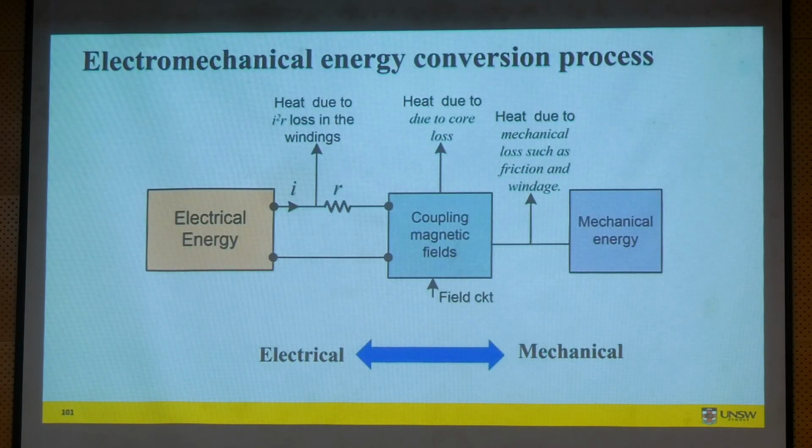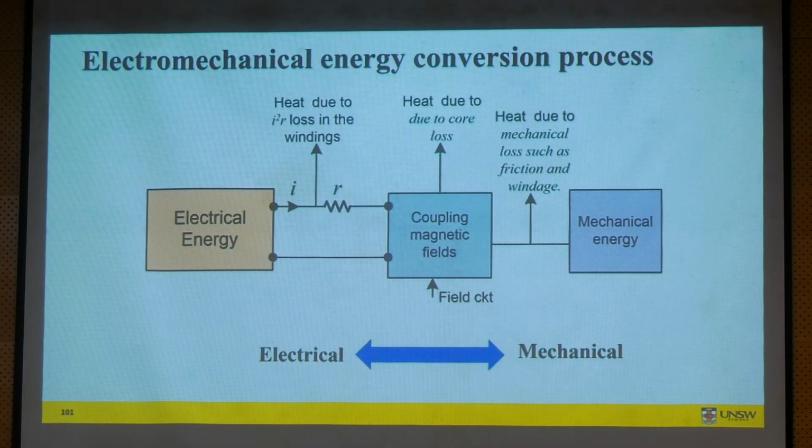As I said, when energy conversion happens, it's through the coupling of a magnetic field. You have electrical energy on one side, you will have some losses, which could be in your wires, in your windings, and the remaining electrical energy is stored in the magnetic field. And that magnetic energy actually converts to mechanical energy.